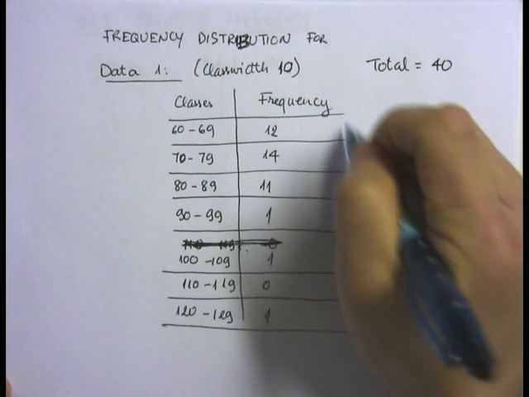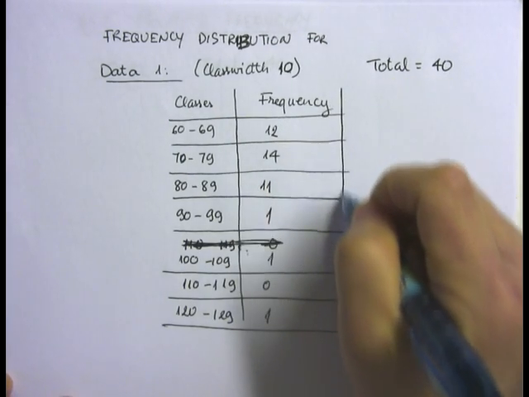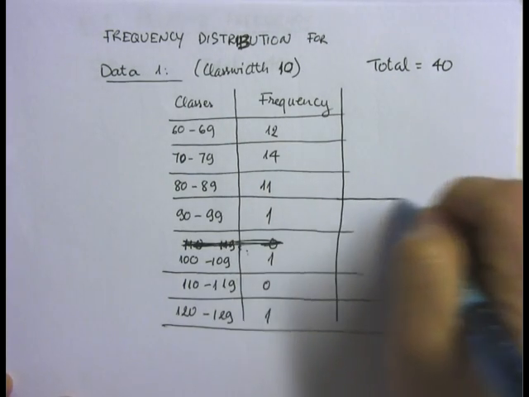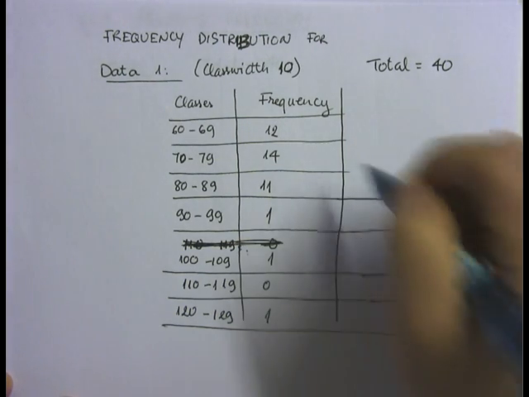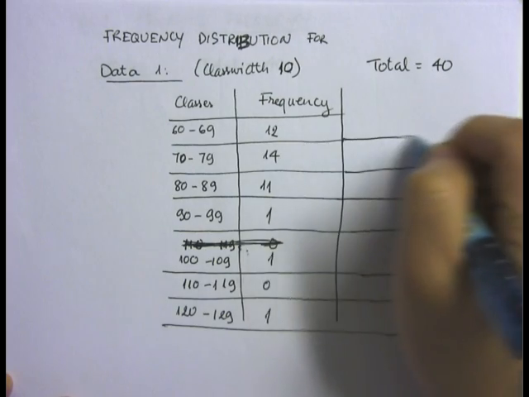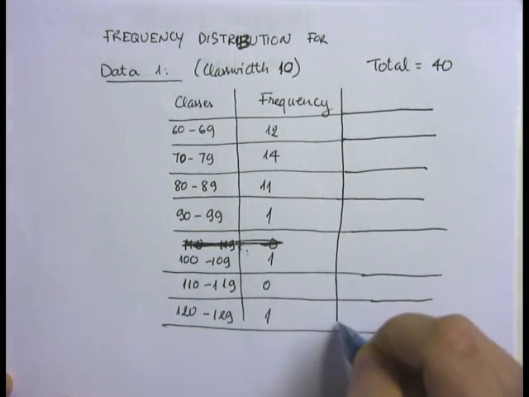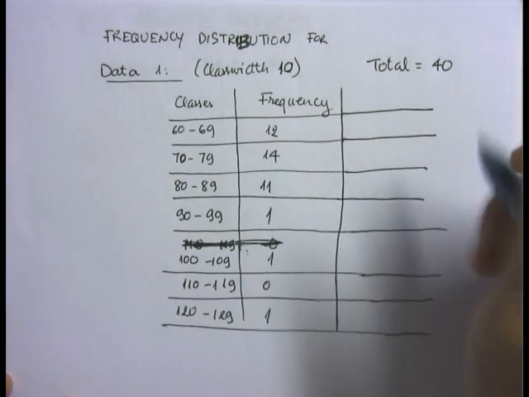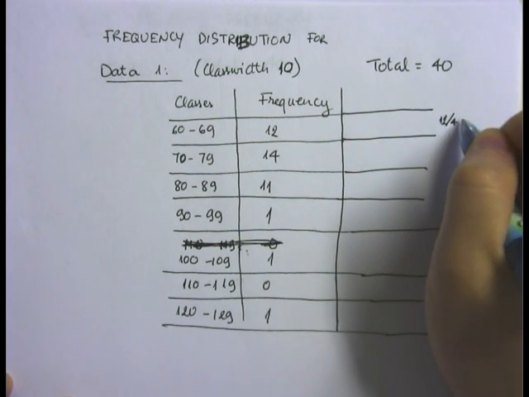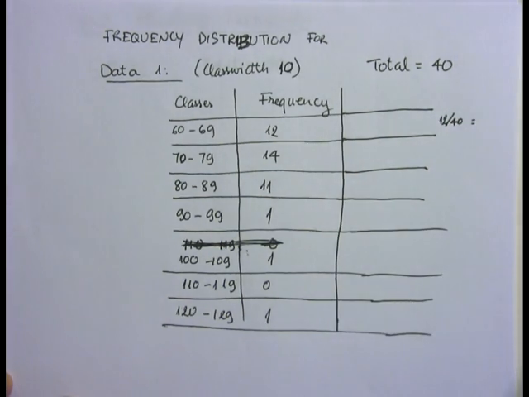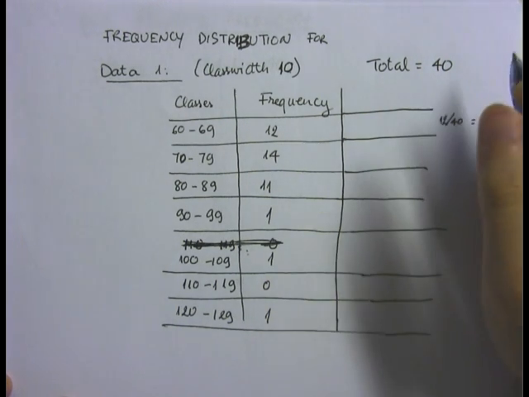So here I'm gonna construct an extra column, and on this side of the column right here I'm gonna calculate the relative frequency. So now what I would need to do is go 12 divided by 40 and get the decimal value for that.